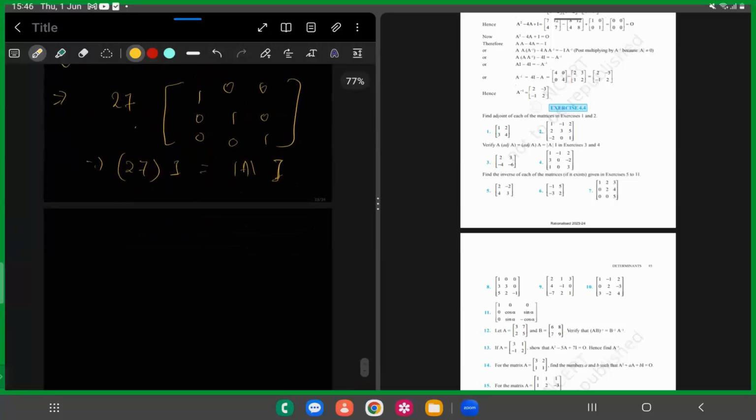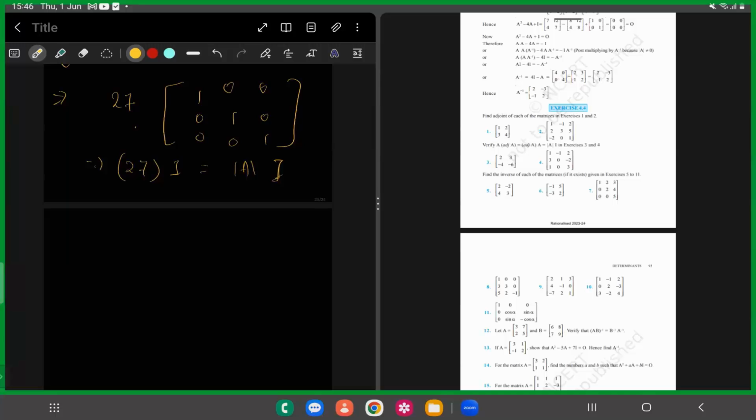All right, so the remaining questions, question number 3 and 4, you have to verify in the same way. You have to find the adjoint matrix of matrix A, and after that you have to just multiply the two matrices to prove that this result actually holds true.